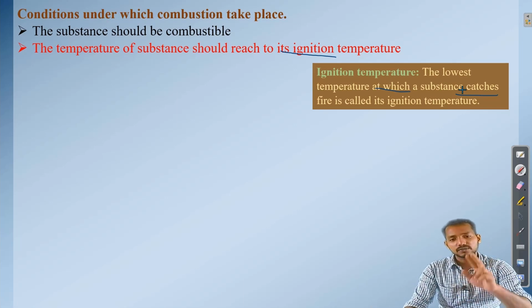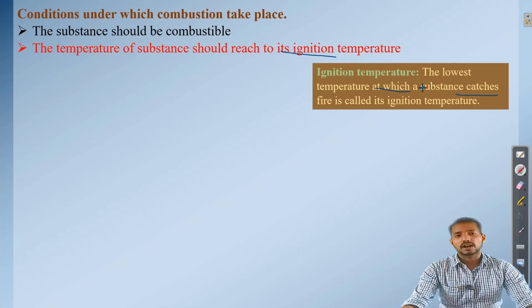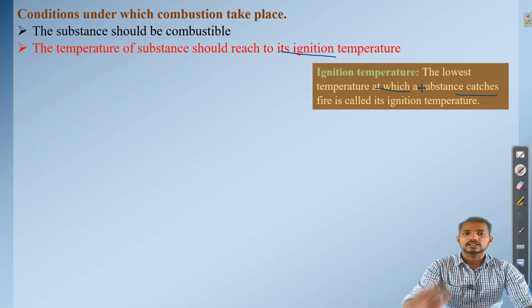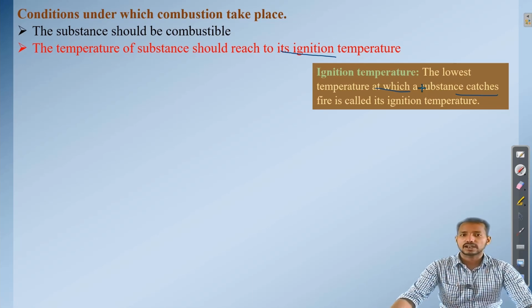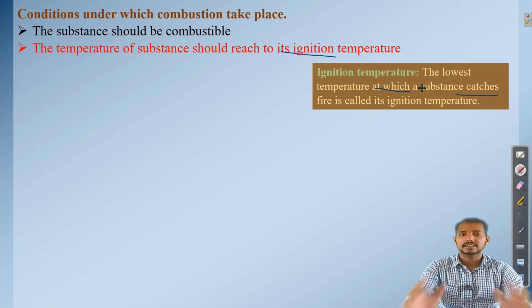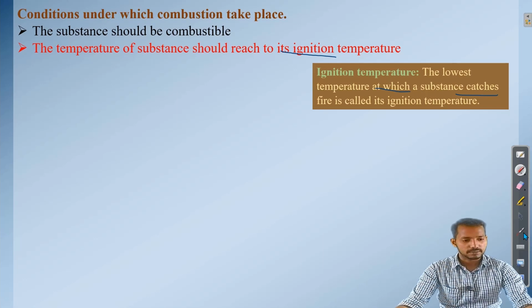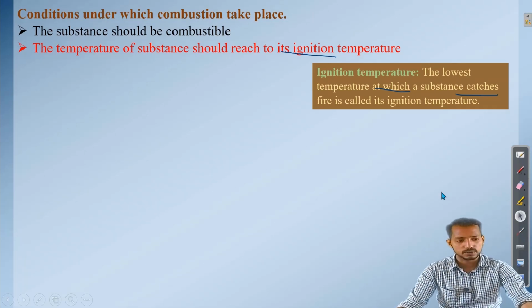And even if these two conditions are satisfied, let's think about another activity, activity 6.2, which is given in your textbook. Let's perform that activity to get a clear idea about the third condition required for combustion to take place smoothly. For that, I am going to discuss activity 6.2.